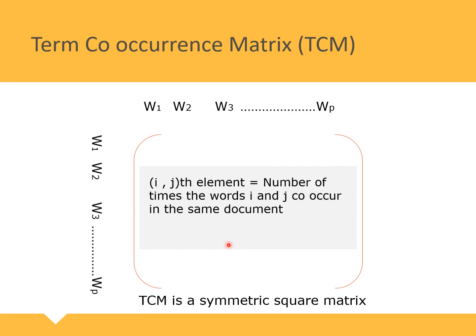So why does this term co-occurrence matrix appear to be important for LSA? It is, because it tells us which words are more likely to occur together than some of the other words. And it's this concept which helps us define a context.